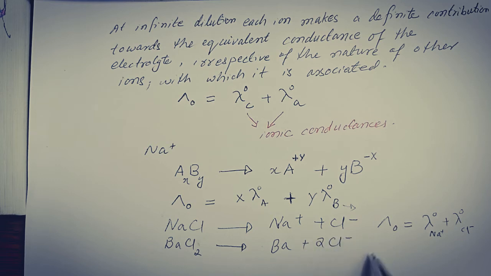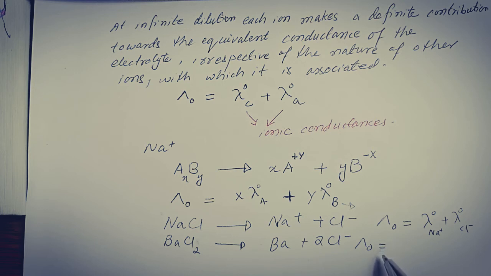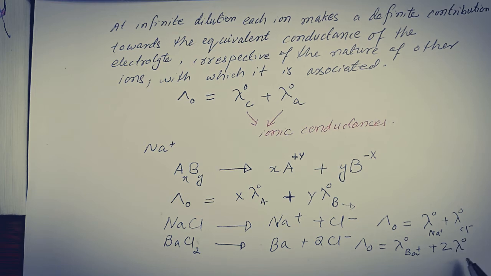For this kind of salt the Kohlrausch law is written as the ionic conductance of barium ion and chloride ions.